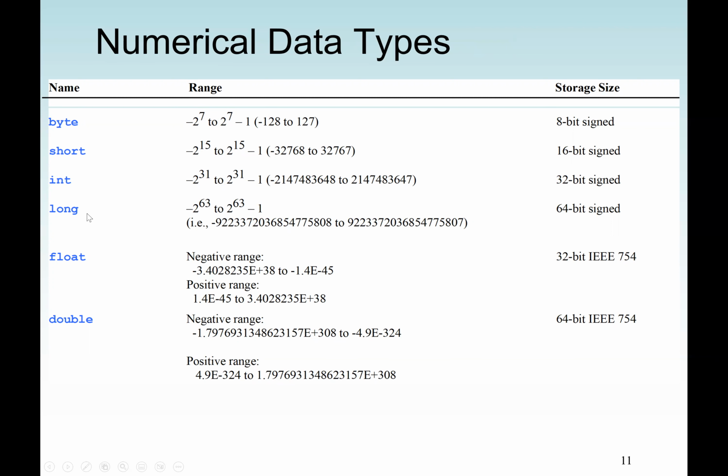A long is 64 bits, which means 8 bytes. From byte, short, int, and long, these are whole numbers. Now, float and double are decimal numbers. Float has 32 bits and double has 64 bits. So double has more decimal places and values than float.